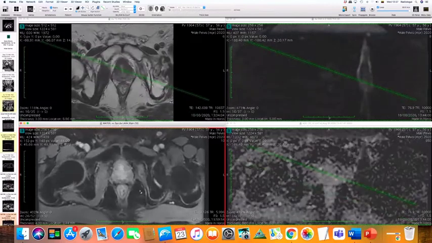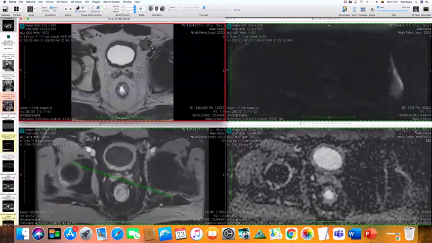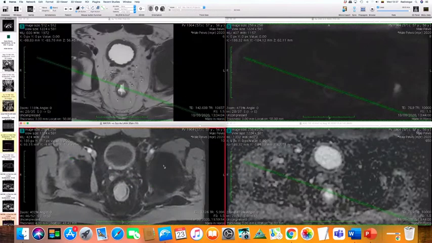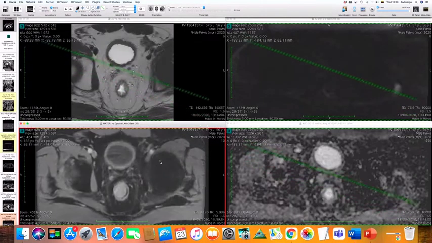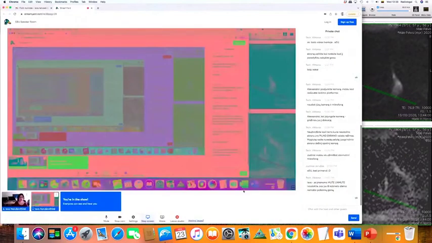There is no diffusion restriction, and some changes are seen in the left iliac zone, but they look more like fat necrosis with some contrast-enhancing places in the peripheral side of this fat necrosis. So it looks more like post-operative or post-therapeutic changes, but not local recurrence.